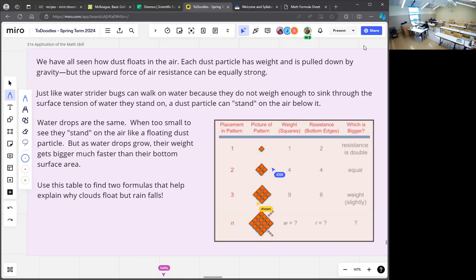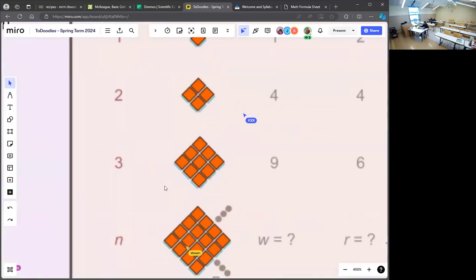If I zoom in on this picture, you can see that I've highlighted the bottom surface as blue to represent the air resistance on the bottom of the dust particle.